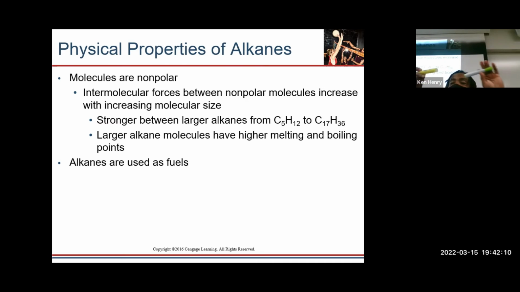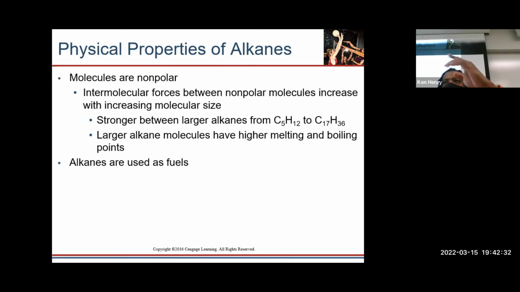Because these guys are interacting between molecules, the longer the structure is, the more interactions you can have. They're really weak interactions, but the longer they are, the more there are. Remember when we showed that table where we have things that are gas and then liquid.